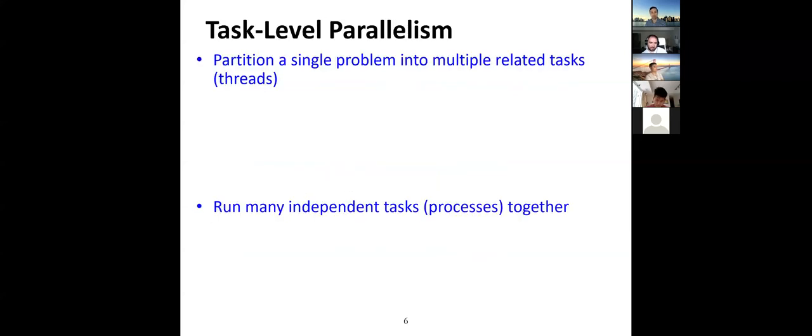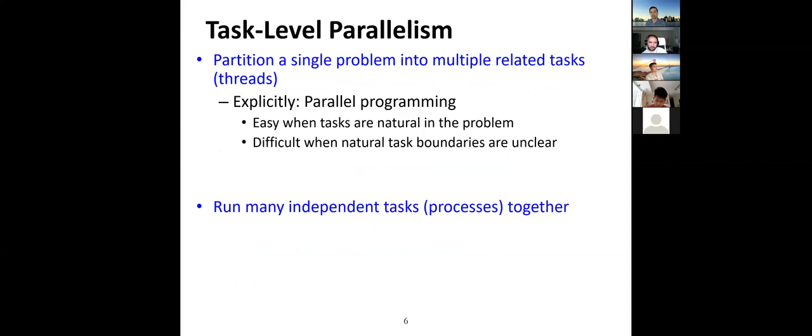Task level parallelism can partition a single problem into multiple related tasks or threads. It can be explicit, when the programmer is asked to write the threading model, and that's easy for the programmer when the tasks are natural in the problem. For example, if you have a simulation and you can run multiple different environment tests through the simulation in parallel, that's a very natural, easy way to parallelize it.